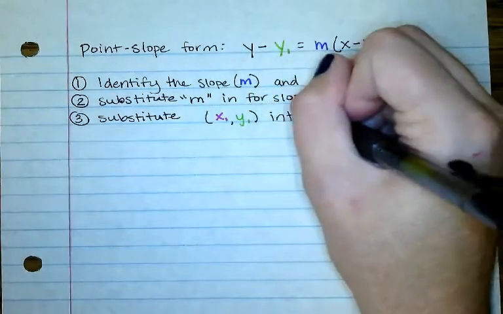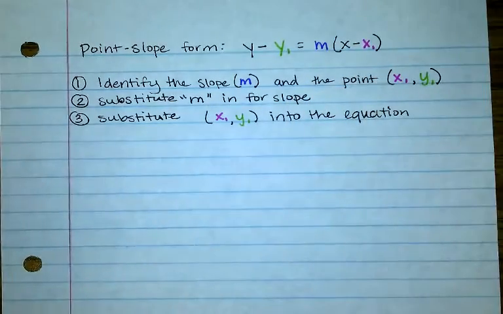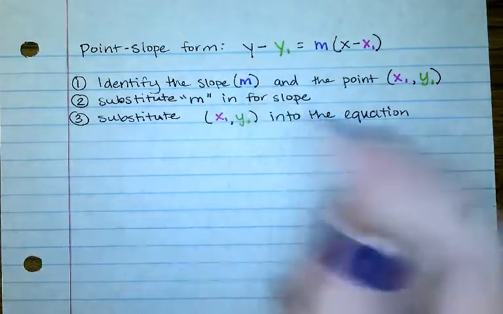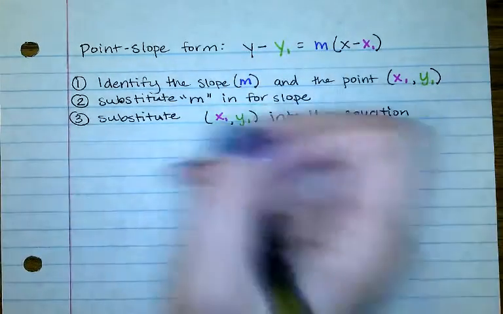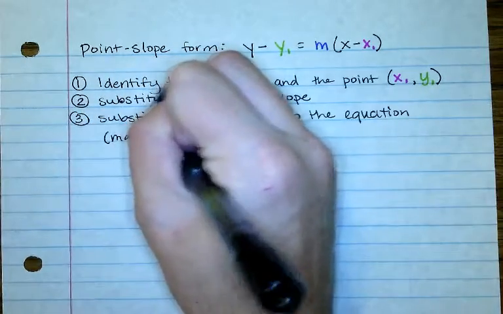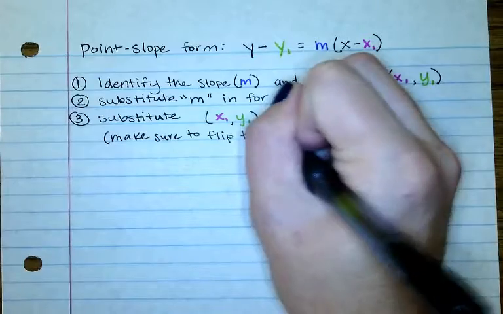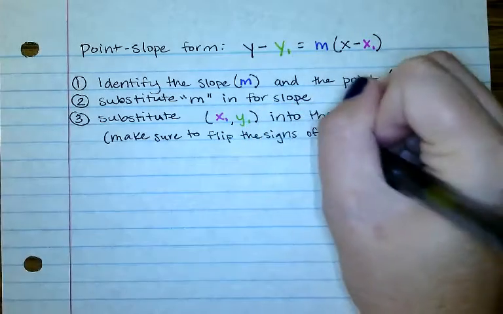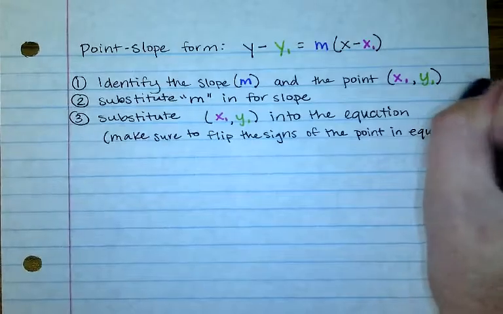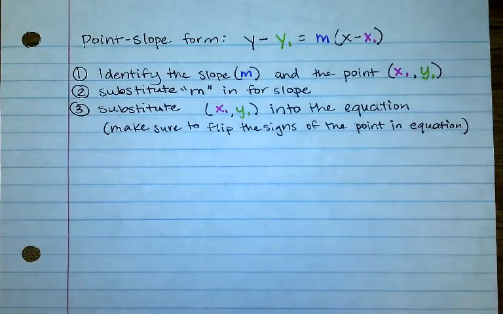However, an important thing to note, because it's y minus the y1 and x minus the x1, you have to make sure to flip the signs of the points in the equation. So when you plug it in, you're going to flip the points. And I'm going to show you what I mean in just a second.